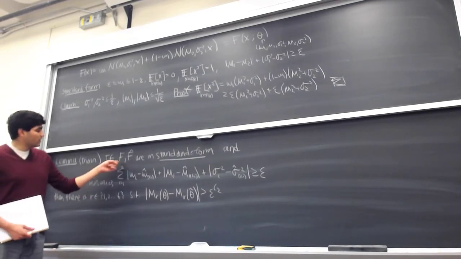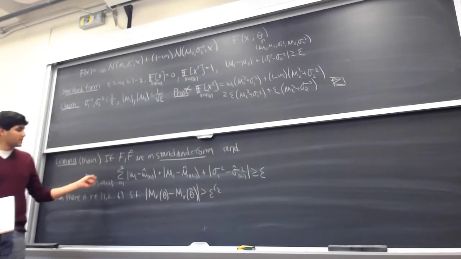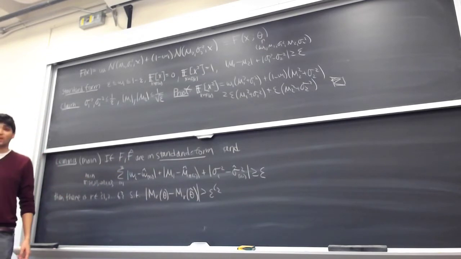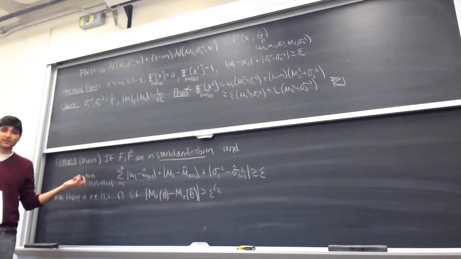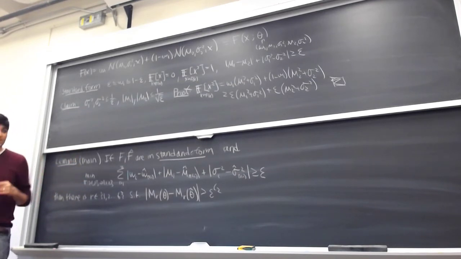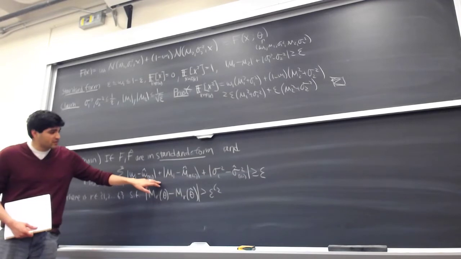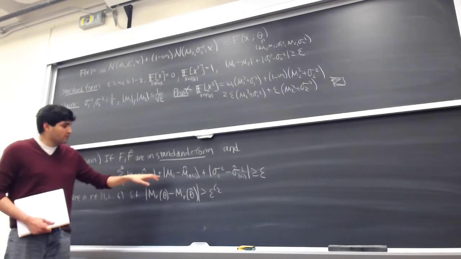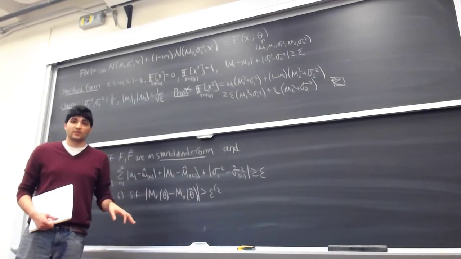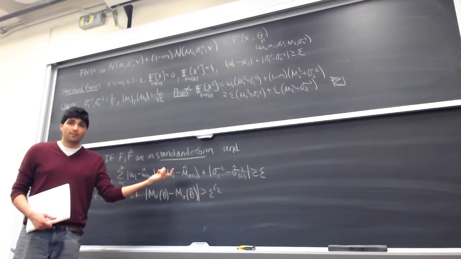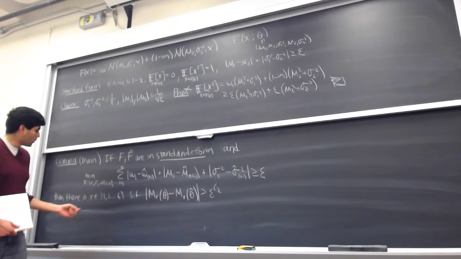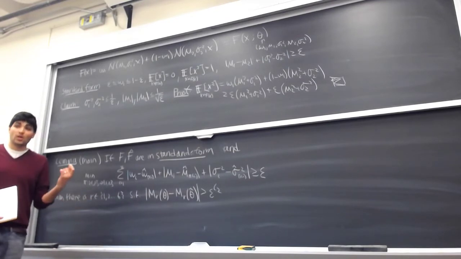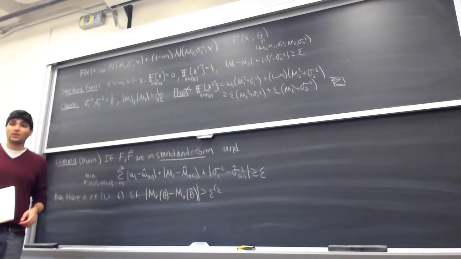What we want to say is that if f and f hat have some reasonable parameter distance between them, that there's no matching between the components in one of the mixtures and the components in the other, so that across this matching, you get all of the mixing weights and the means and the variances right. If this minimum is at least epsilon, the parameter distance is at least epsilon, then we want to say that there's some low order moment that has a noticeable discrepancy.